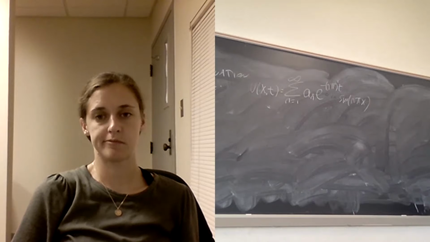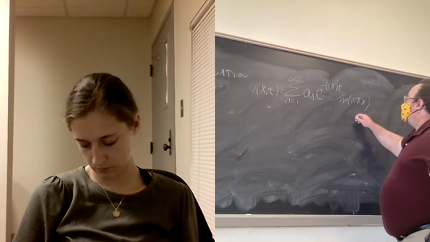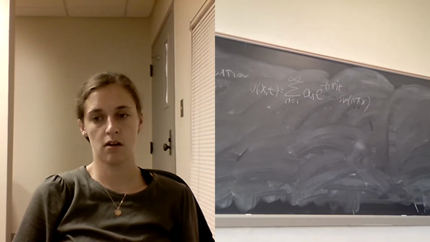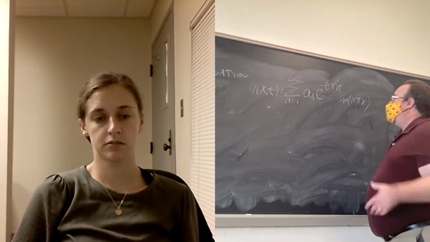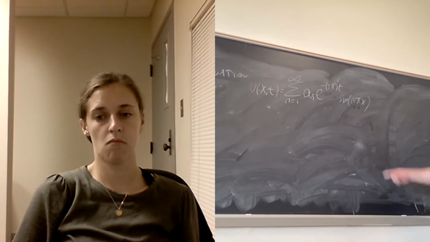Because if you were taking the derivative of this twice with respect to x, then you'd have exactly this times minus quantity n pi squared. If you're taking the derivative with respect to t, then again, you get a factor of minus n pi squared in each term. So it's a solution. And when t equals 0, you get the Fourier sine series for u naught of x. It certainly satisfies the boundary conditions. You set x equals 0 or 1, and here you're going to get 0. So that's a solution, that's its form.